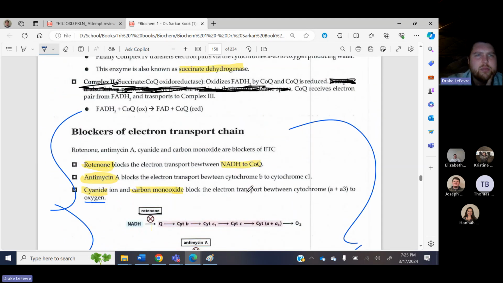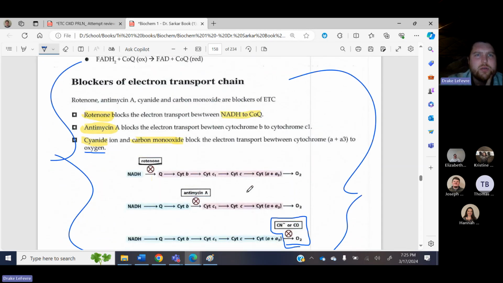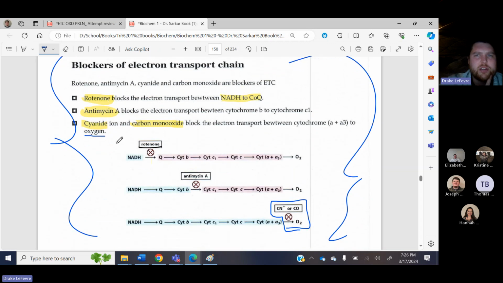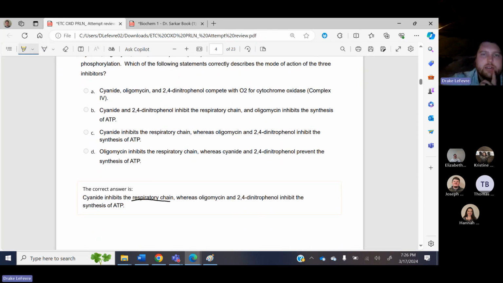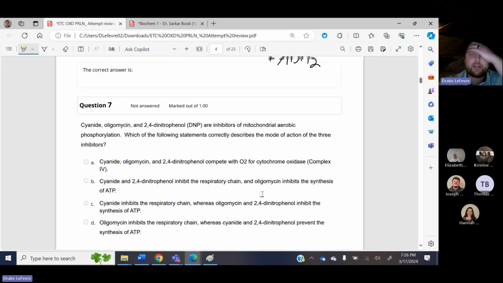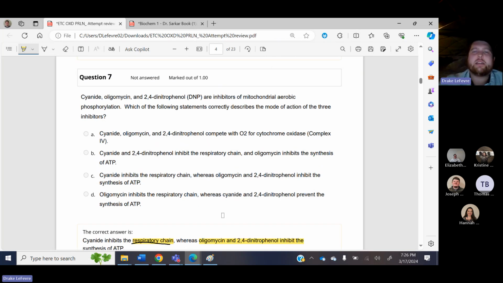It might be in his PowerPoints that he shows those specific examples, because they should be in here somewhere. Oligomycin and the 2,4-DNP inhibit the synthesis. Cyanide inhibits the respiratory chain. It would not surprise me if he has a question like this. I would star this one, because he'll have this exact same question, or one very similar, or one of the parts of this question on the test.